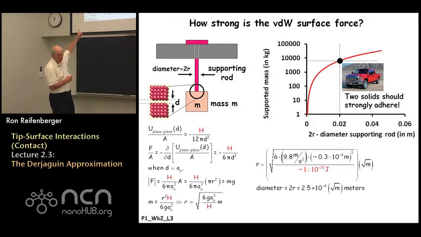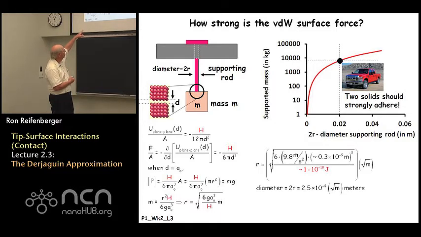And in particular, when d, the separation, is equal to a0, the lattice constant between atoms in the two solids, then you can estimate the magnitude of the force and compare that to, let's say, the gravitational force that's pulling down on this mass m. So the gravitational force is just m times g.